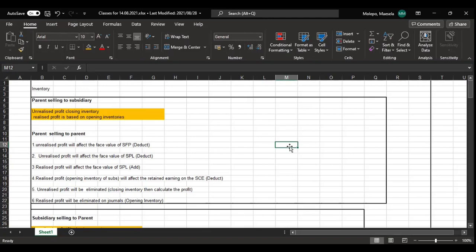The unrealized profit will affect the face value of the statement of financial position. You deduct. The unrealized profit will affect the face value of the statement of profit and loss. You deduct. The realized profit will affect the face value of the statement of profit and loss. You add it. The realized profit, the opening inventory of subsidiary, will affect the retained earnings on the statement of changes in equity, which you're going to deduct. The unrealized profit will be eliminated in the closing inventory, then calculate the profit.